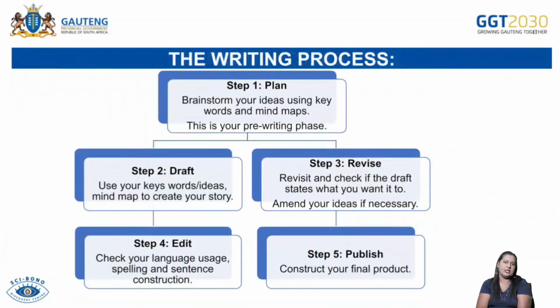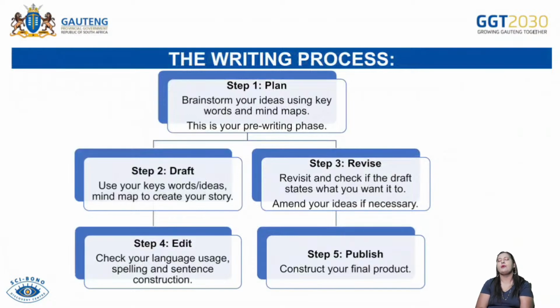Now, I did speak about communicating and writing down what you want to say. This is where, again, the writing process becomes crucial, and hopefully you have mastered this process by now. If you haven't, there's a quick diagram there for you to go back and look at.